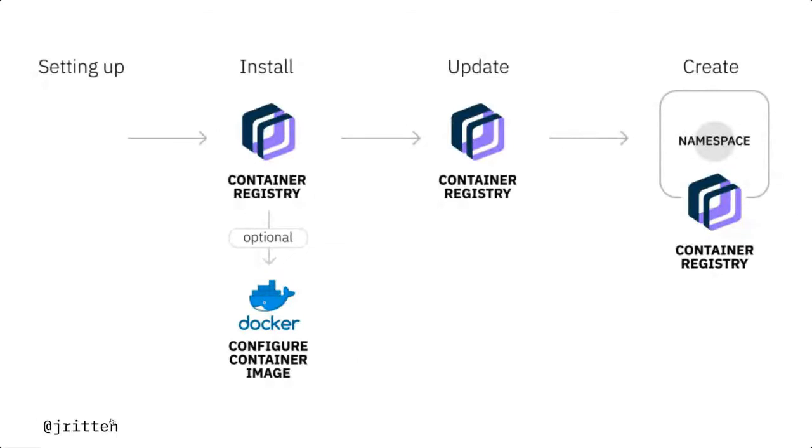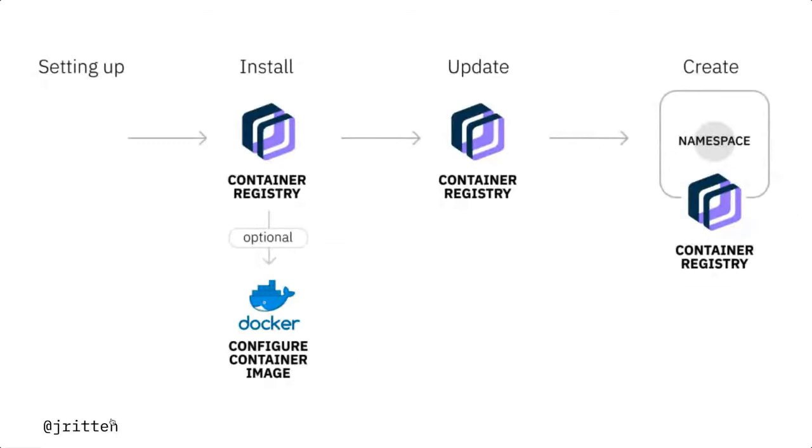And so we're going to show you how to set up your container registry and show you how you are able to create a namespace. But more importantly, we're going to show you how to get hands-on with Code Engine. So this is kind of an extension to a place where you can store all of your container images.